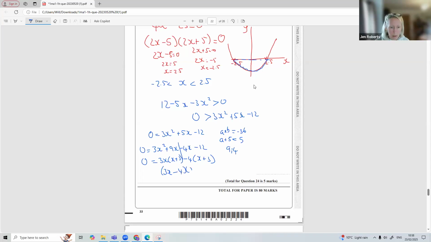The other is x plus 3. So this first bracket equal to 0: add 4 to both sides, divide both sides by 3. Or this other bracket equal to 0: x is minus 3.